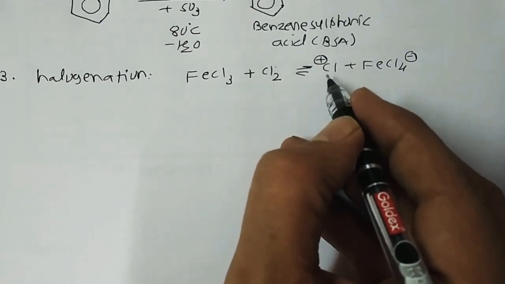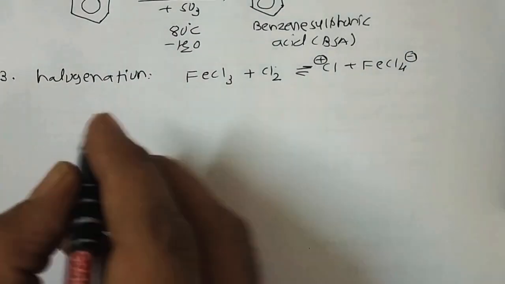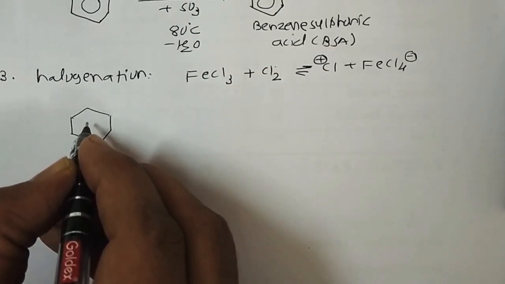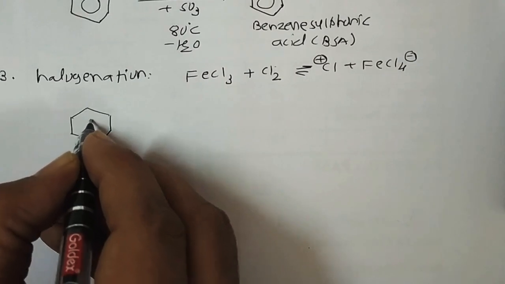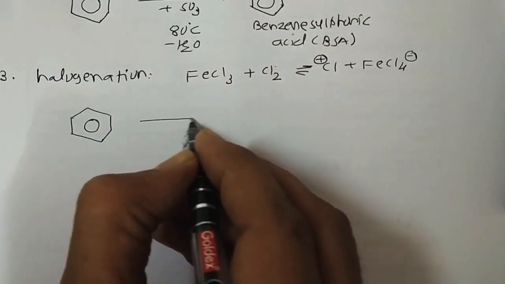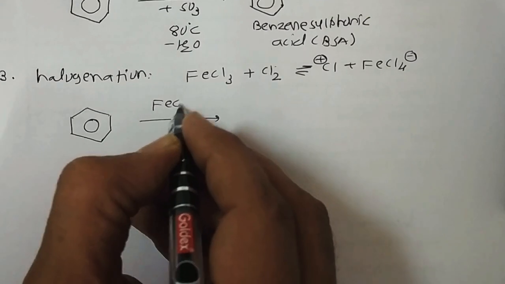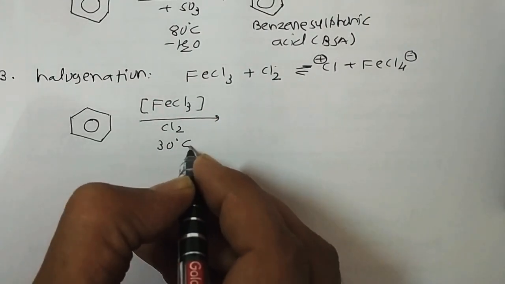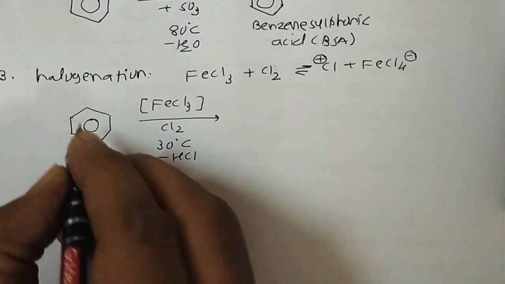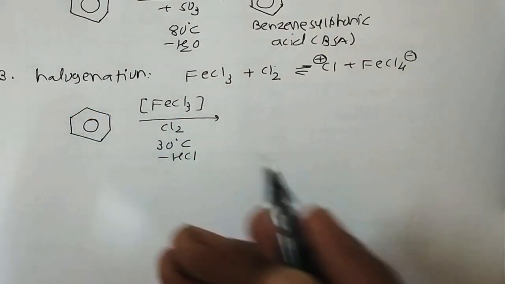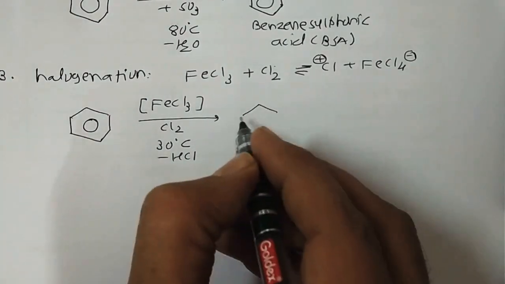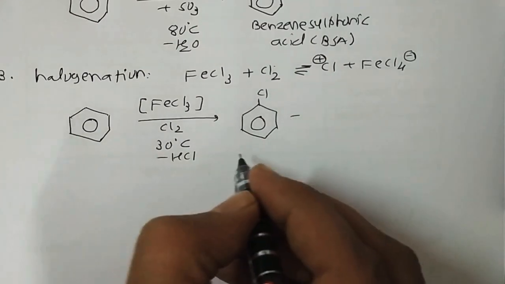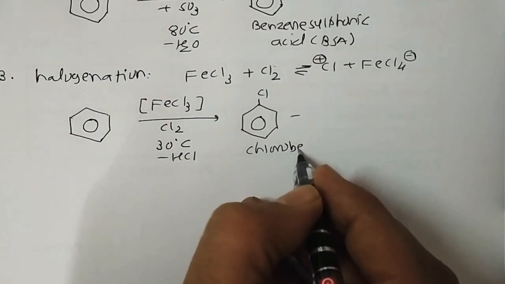Now this Cl plus is an electrophile in nature, and it is attracted towards the pi electron cloud above and below the ring. In a nutshell, we display it like that: FeCl3 as a catalyst, Cl2, near about 30 degrees centigrade temperature is required. Hydrochloric acid is removed because there is a removal of H and substitution with chlorine. So we get a product like that, called chlorobenzene, right? So chlorobenzene is our product.